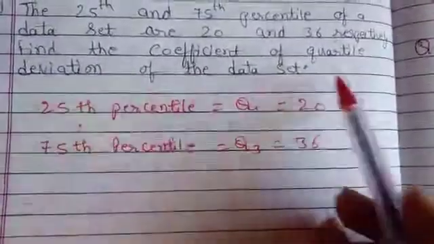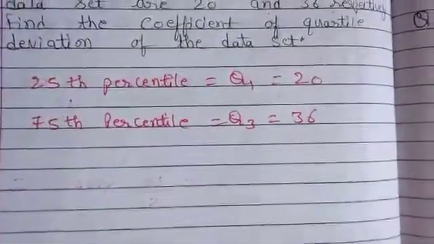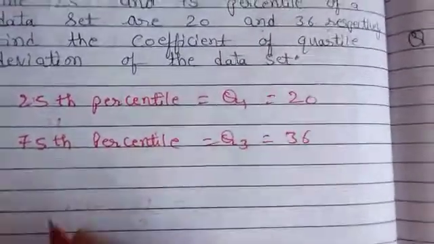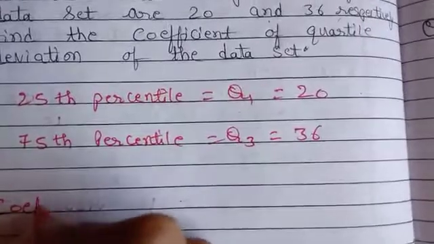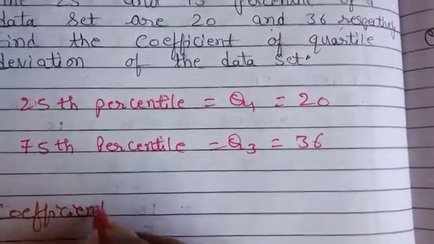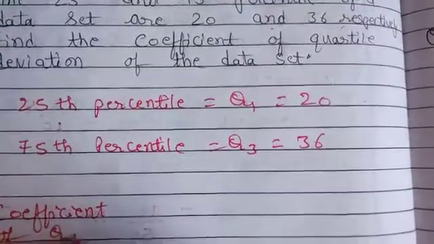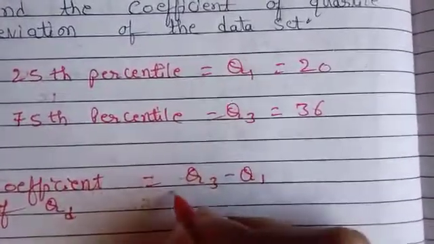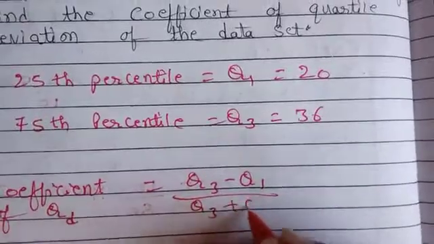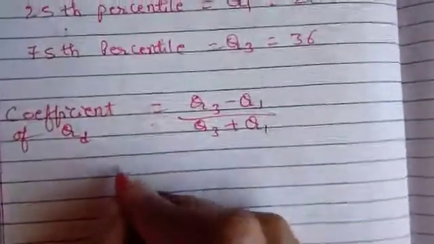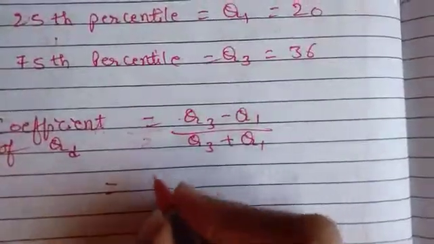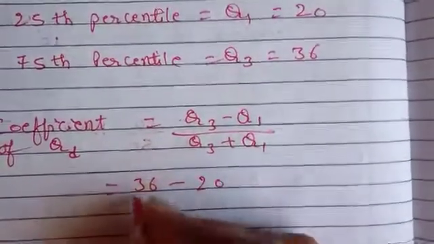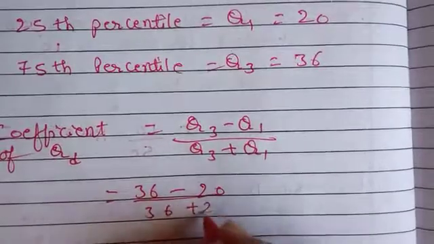What do you have to find out? You have to find coefficient of quartile deviation. So the formula is Q3 minus Q1 upon Q3 plus Q1, that is equal to Q3 is 36 minus Q1, that is 20, and down 36 plus 20.